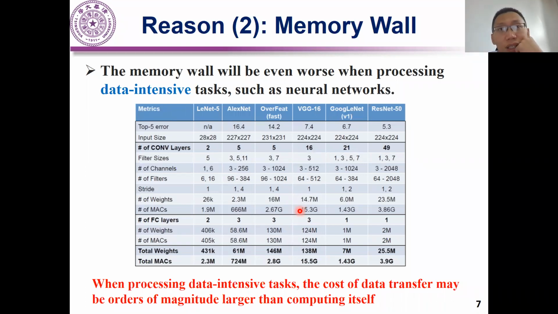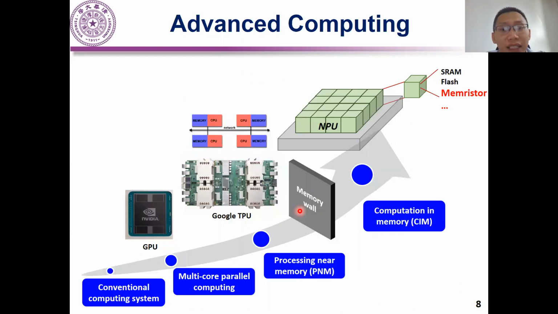Even a typical light network may contain hundreds of megabit weights and need giga-level MAC operations. GPU, and then the processing near memory technique were used on the TPU.